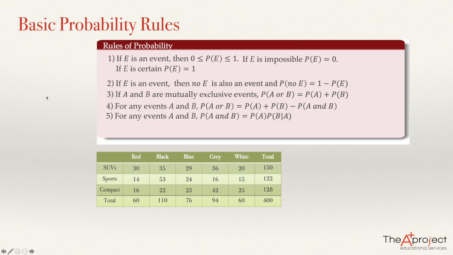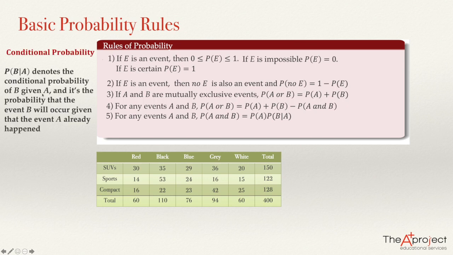Let's type here the definition of the conditional probability. The probability of B given A, and this vertical line will be read in this way. I'm going to read this line as given, so A denotes the conditional probability of B given A, and is the probability that the event B occurs given that the event A already happened.